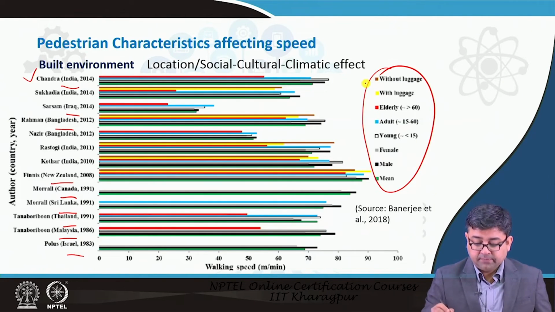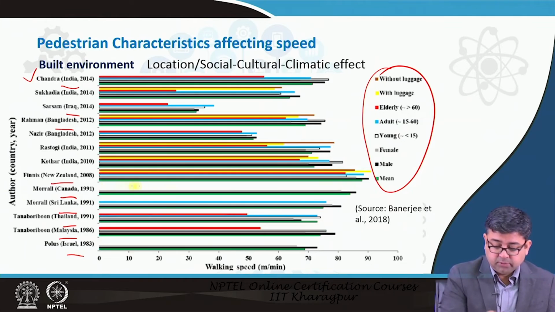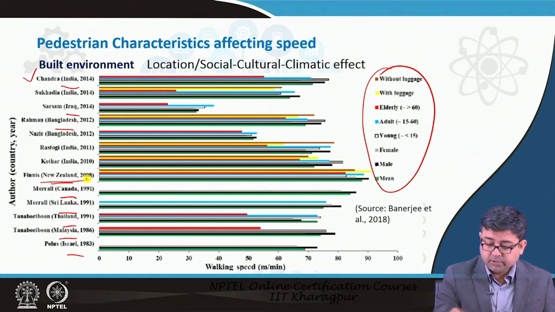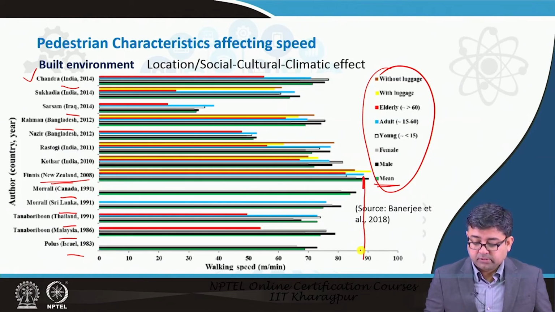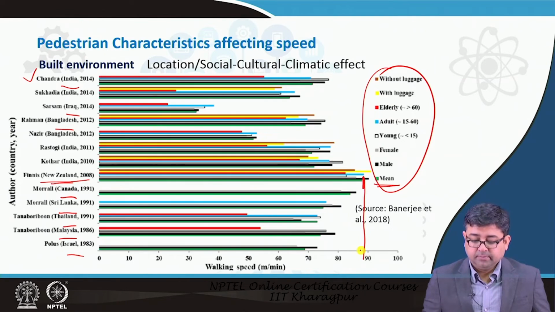It seems like in New Zealand the mean speed is the highest, right. The green color mean speed is the highest, almost just a little bit less than 90 meters per minute.